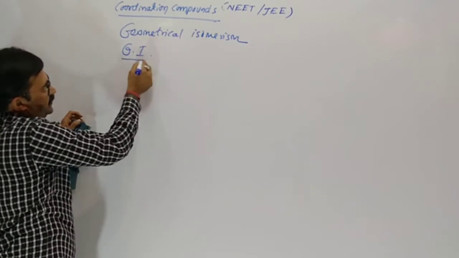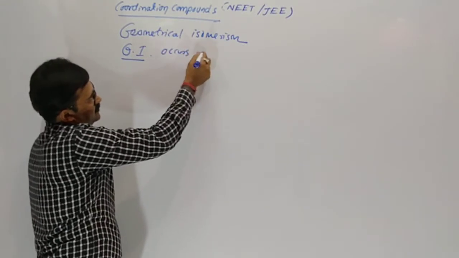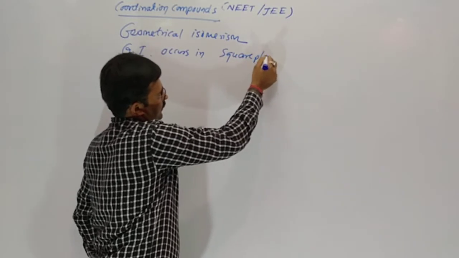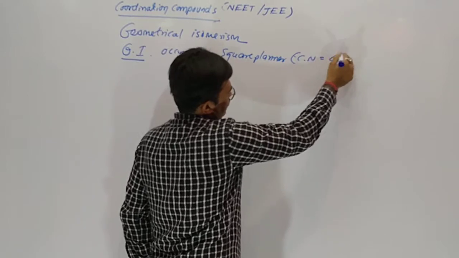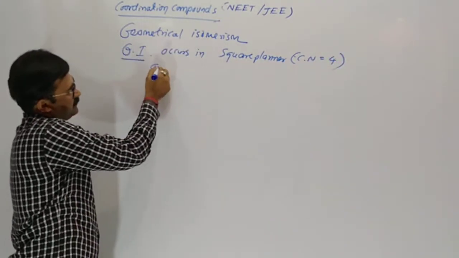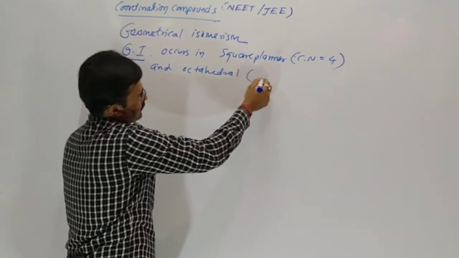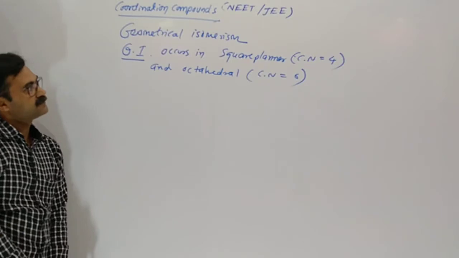Geometrical isomerism occurs in square planar, coordination number 4, and octahedral, coordination number 6, coordination compounds.